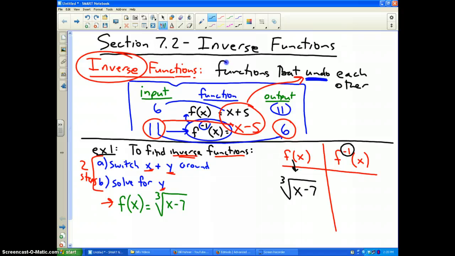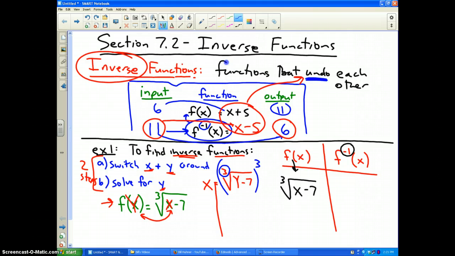Well, in order to do that, I take the x, and of course we know f of x is y. I'm going to switch these 2 letters around. So therefore I get x equals the cube root of y minus 7. And now I need to solve that for y. Well, the first thing I got to do is get rid of the cube root since the y is underneath the cube root.